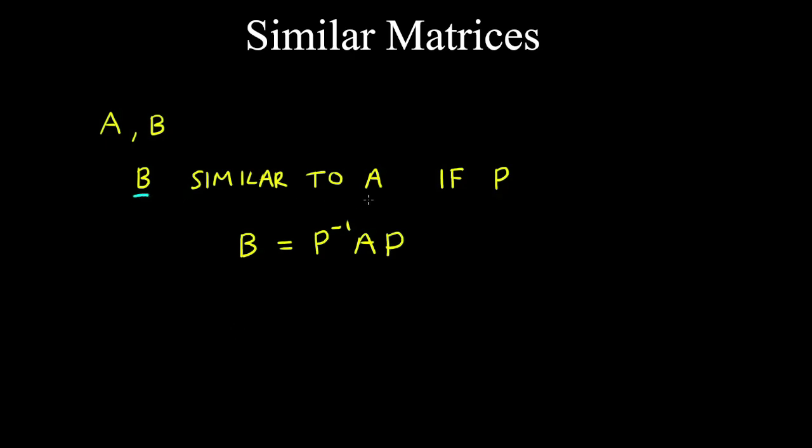So this means that B and A have similarity invariants, or properties shared by both matrices.